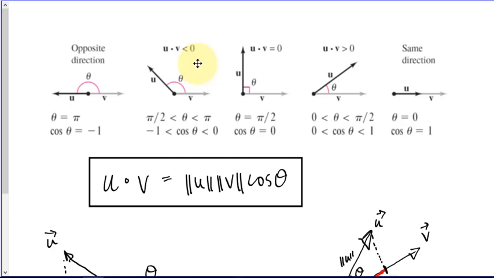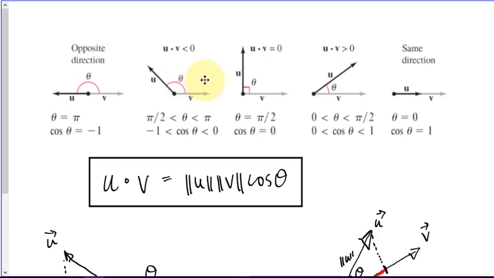Another thing that could happen is that the angle might be between 90 and 180, that is, between pi over 2 and pi. In that case, the dot product is negative, and that's because the cosine is negative in that interval. It's between -1 and 0. But it isn't either of those endpoints when you're restricted between 90 and 180.